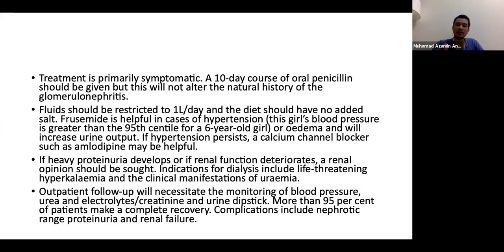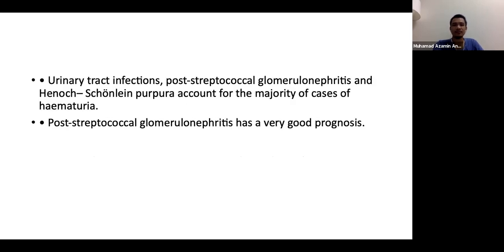So sometimes you need to monitor their renal profile and urine dipstick up to 1 to 2 years after presentation, because you don't want to leave them alone and then they develop renal failure. Renal failure is mainly because of the hypertension rather than anything else.